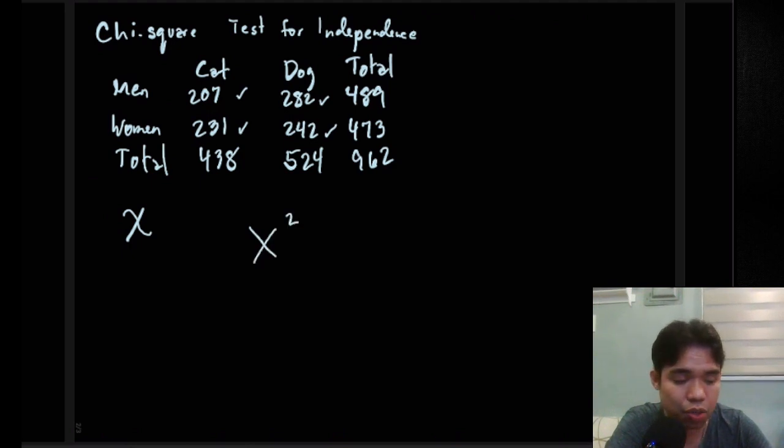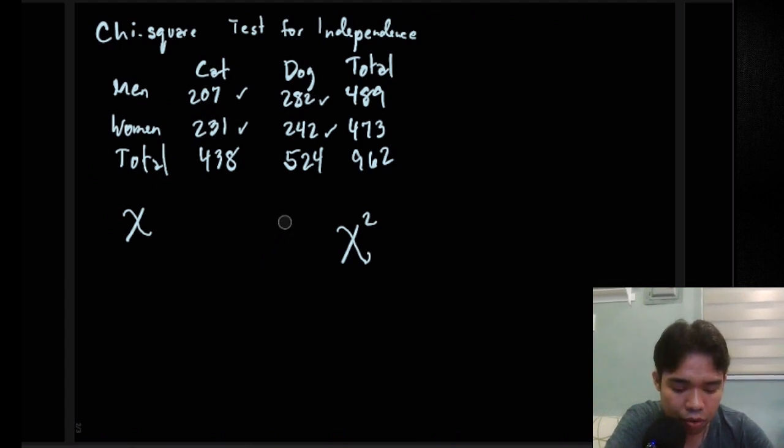That means it's a chi-square, but it is called chi because the symbol is not actually X, it's a Greek letter chi. That's the reason why it's called chi-square: there's a chi symbol and then there's a square.